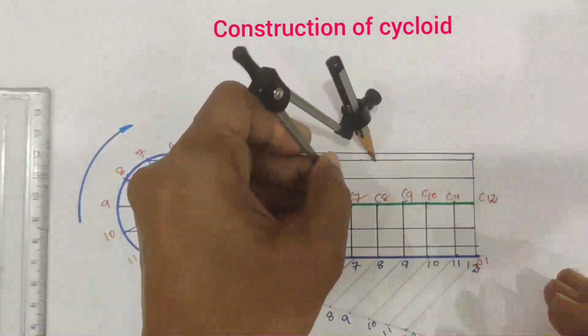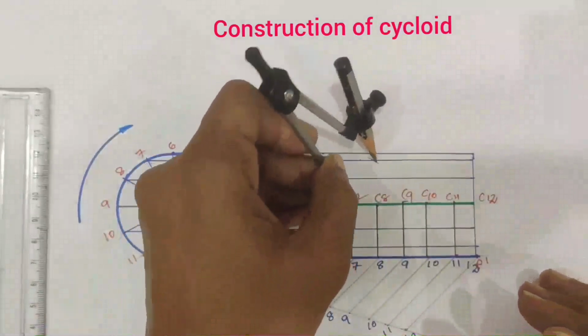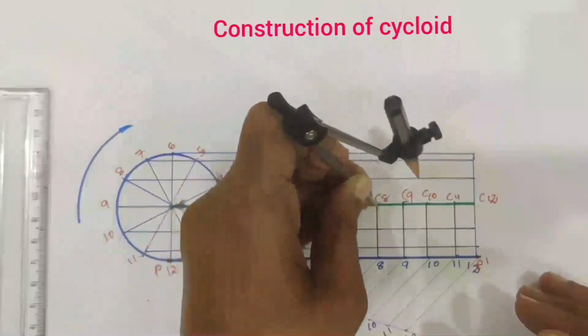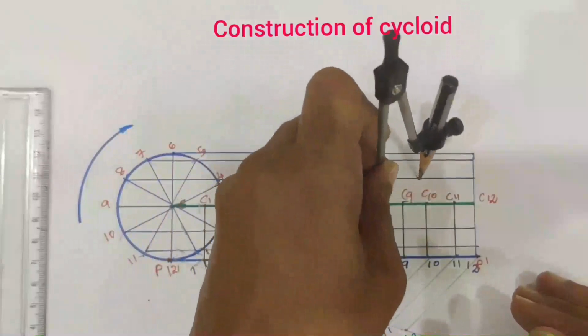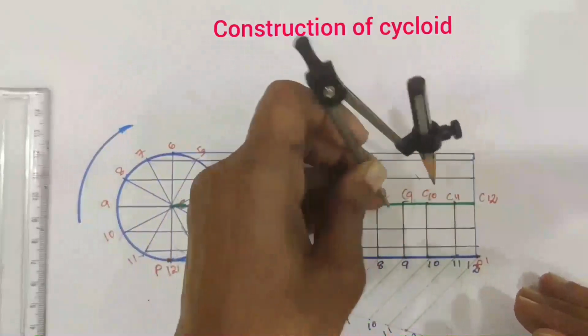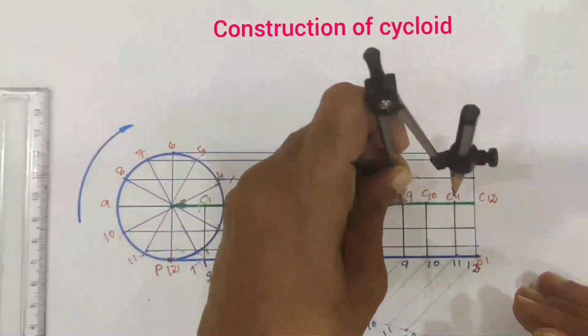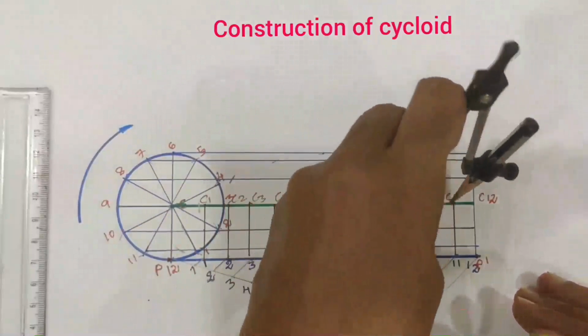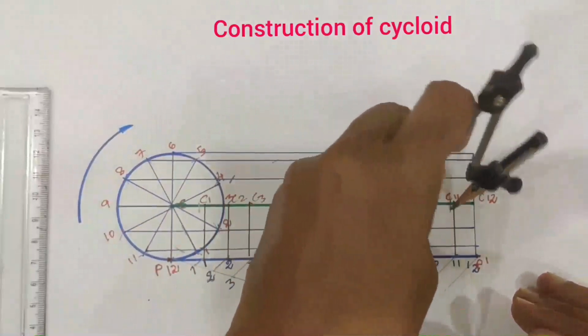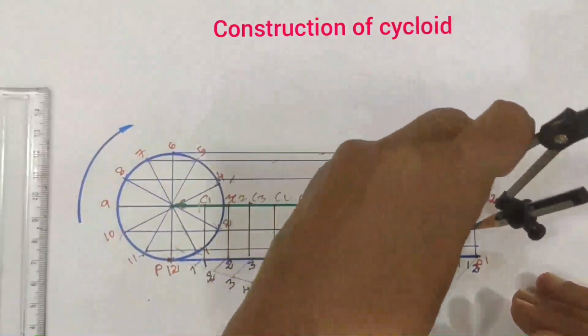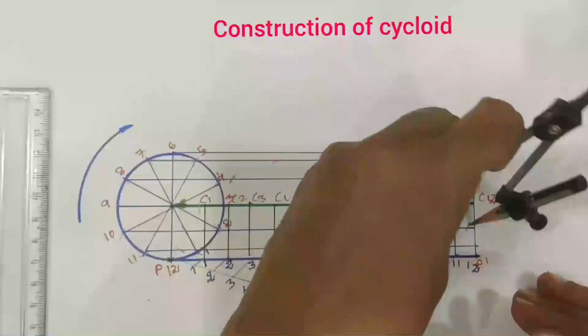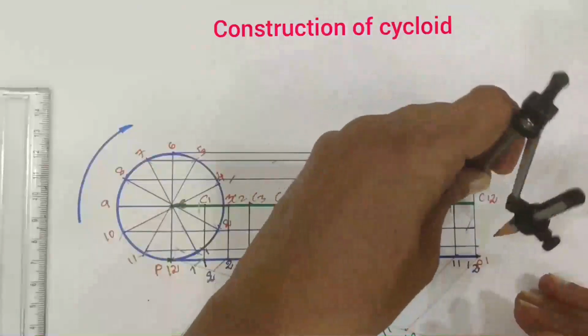C7, that is, we are getting P7 point. With C8 we are getting P8 point. Then C9 we are getting P9 point. C10, P10, C11.